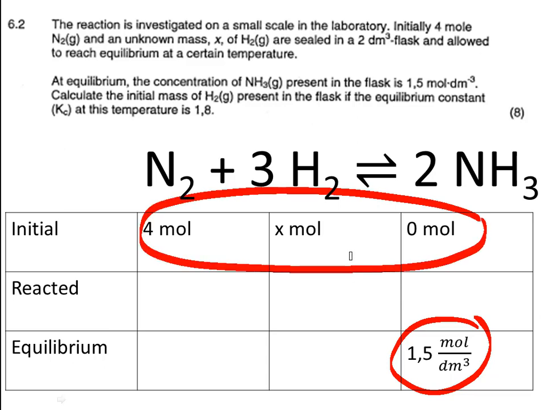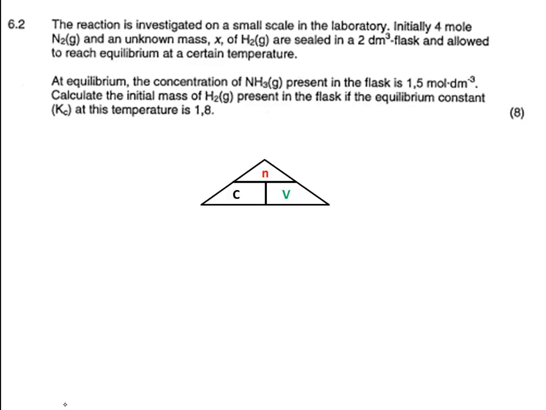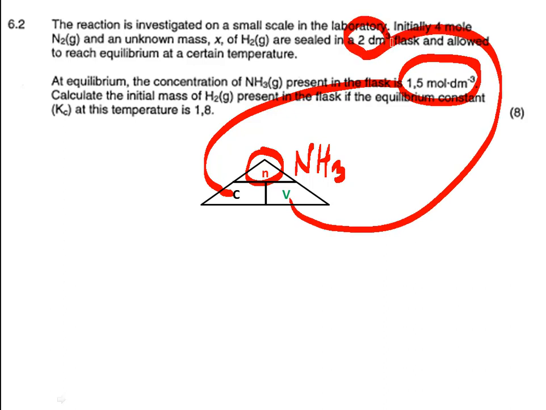So let us convert this concentration and find out from it how many moles of ammonia we have at the end. So we know that concentration is equal to the number of moles divided by volume. And we are trying to find the number of moles of ammonia that are present at equilibrium. In other words, when our concentration is 1,5 mole per decimeter cubed. And we are given the volume of the flask, it's 2 decimeter cubed. So we simply need to substitute those values into our equation and solve for n.